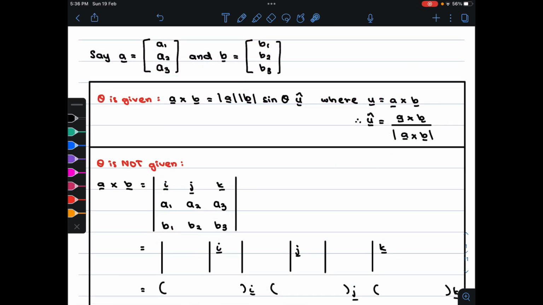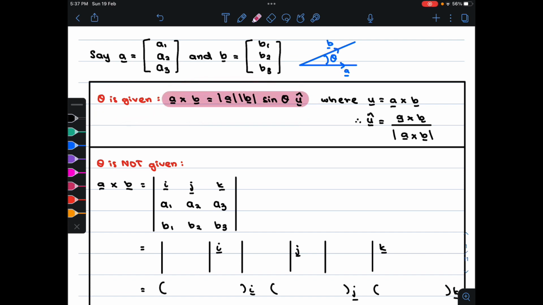Say that we have two vectors, vector A and vector B. If we have theta, where theta is the angle between the two vectors A and B, where both vectors must go outward like this, and therefore the angle between the two vectors is theta. So if we are given the value of theta, we need to use this formula.